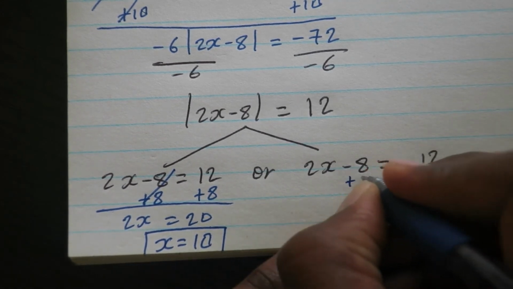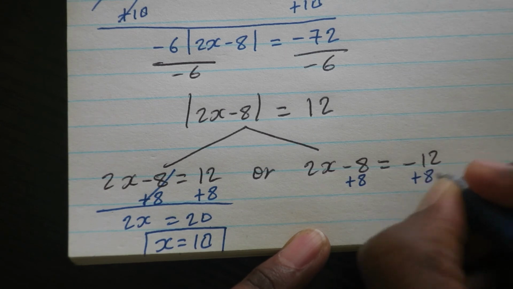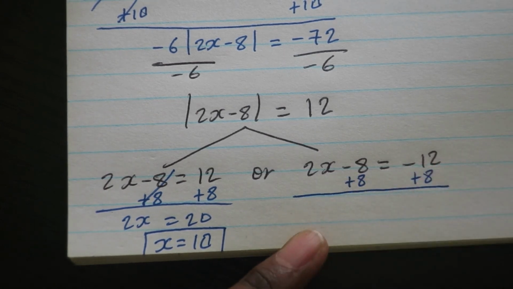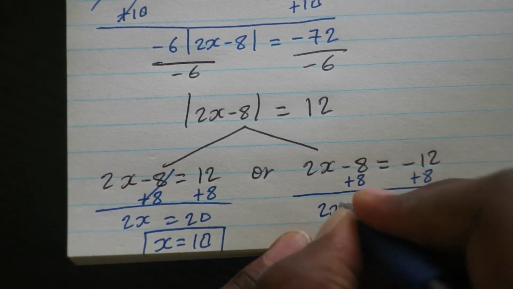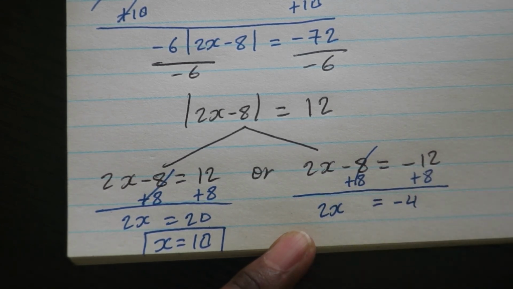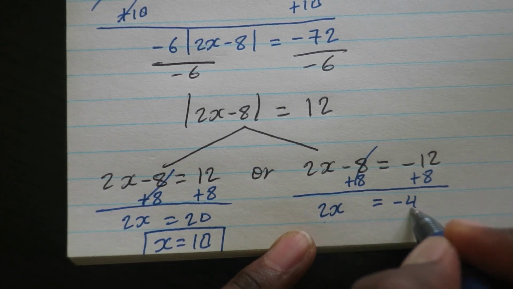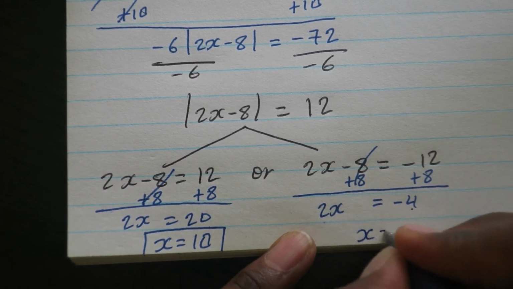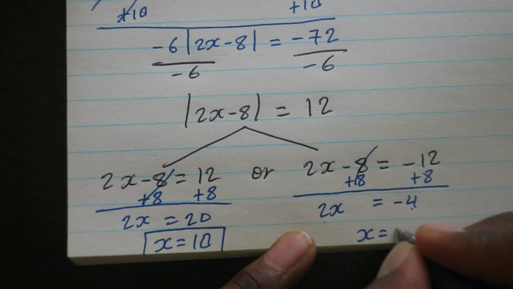And then over here, plus 8, plus 8, 2x equals negative 4. Divide by 2, divide by 2, you get x equals negative 2.